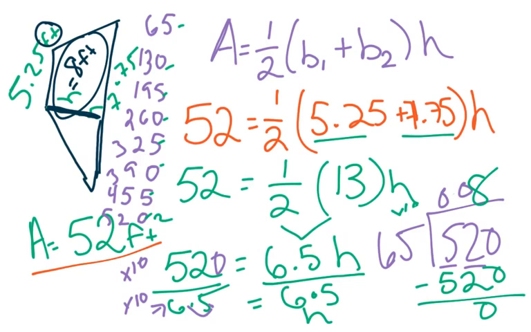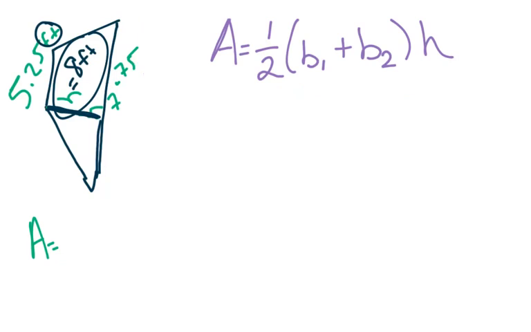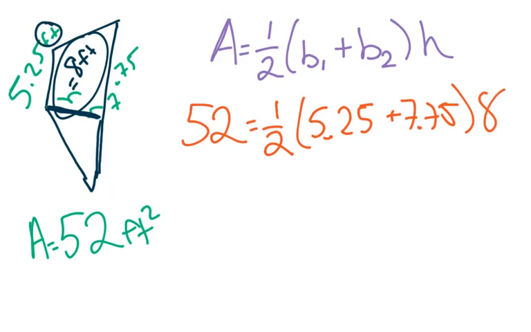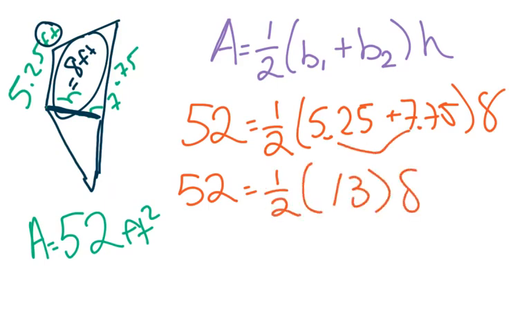I could also go plug it back in and check. Double checking. Area. Oh, wait, no, I know my area. 52 equals 1/2 times 5 and 25/100 plus 7 and 75/100 times, I'm thinking it's 8, but I'm double checking my answer. All right, 52 equals half of, these add together to make 13, times 8.